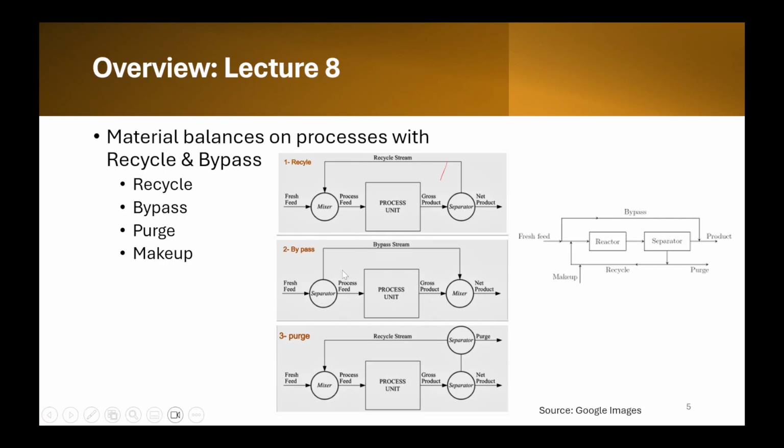Then what is bypass? This figure shows the bypass system. There is some fresh feed coming in, but we divert part of this stream and add it later to the reactor effluent.